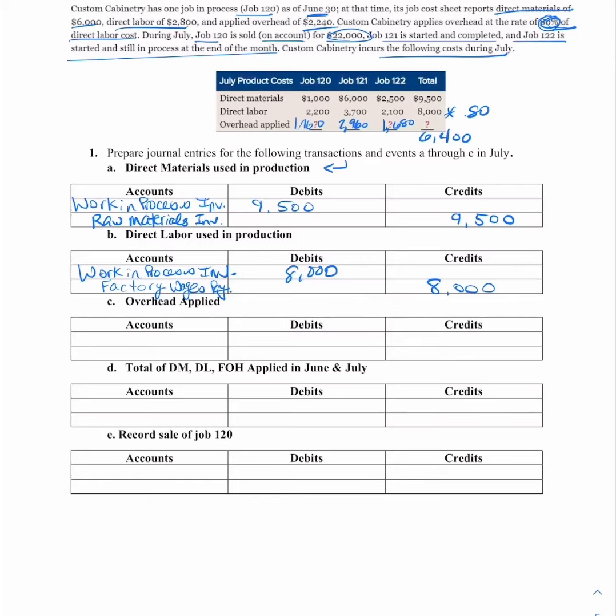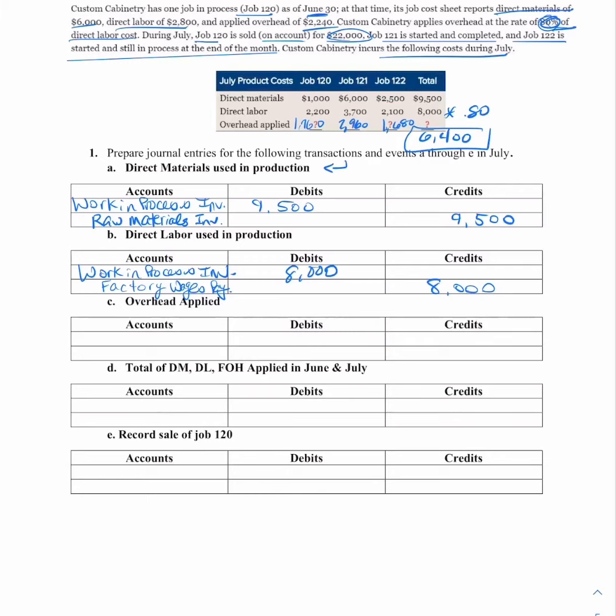Now, when you go back, you should be able to add up the 1,760, the 2,960, and the 1,680, and you will come back to this $6,400, which is very good. But it's very important that you go that route to get there, otherwise you may make a mistake. So instead, what you want to do is go the route that we just talked about. So let's knock out these journal entries real quickly.